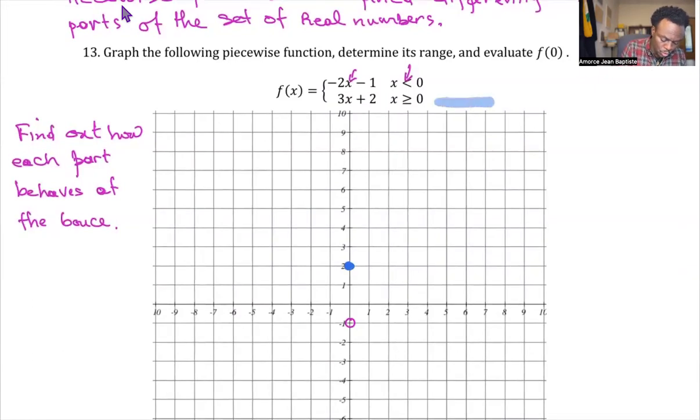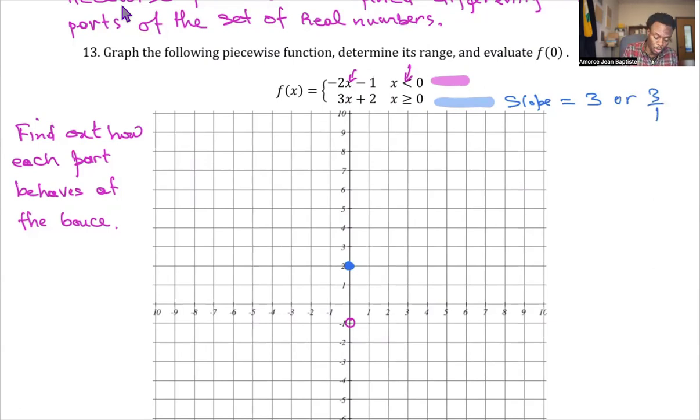This is my blue, and this is my pink. The blue is on the right side of x, right? On the right side. And then the slope equals 3, or just, as you know, 3 over 1, right?